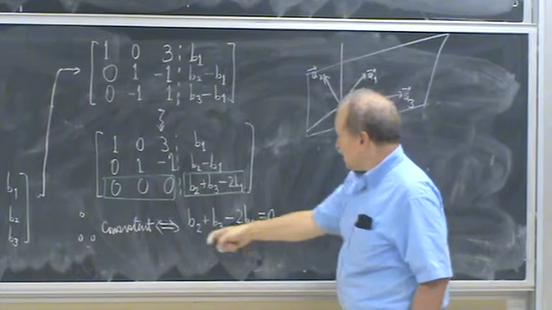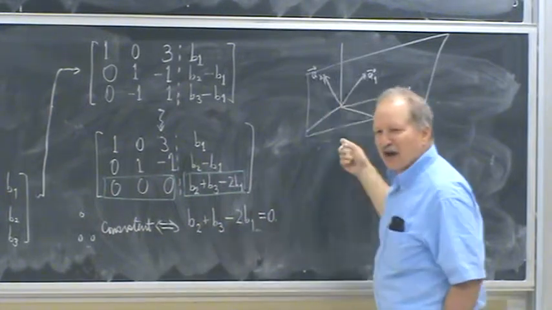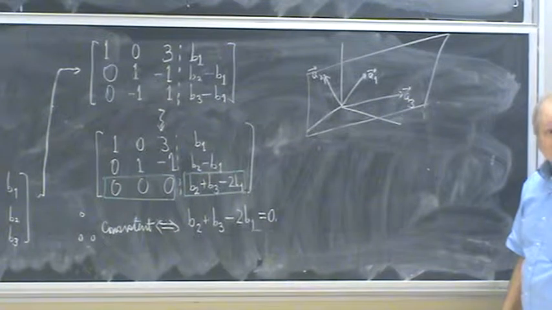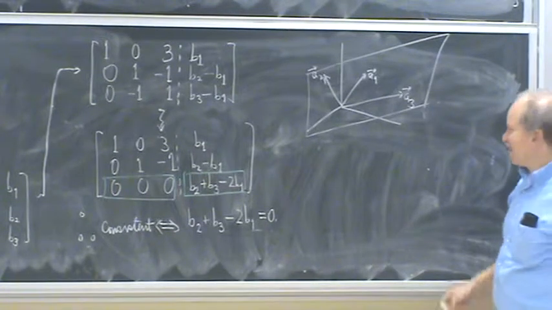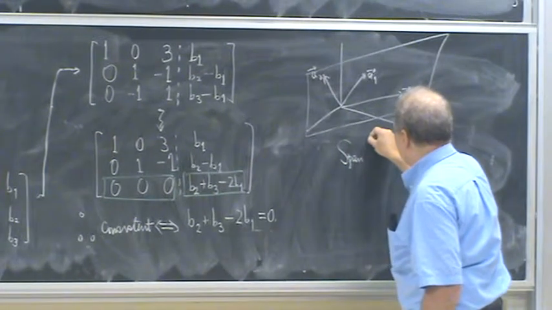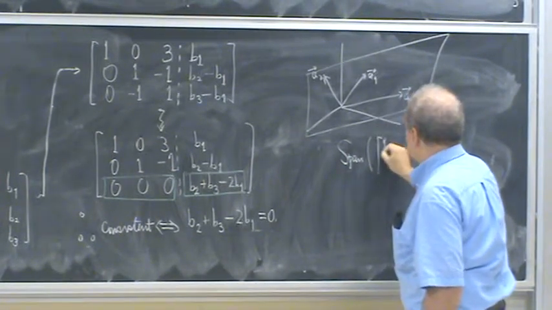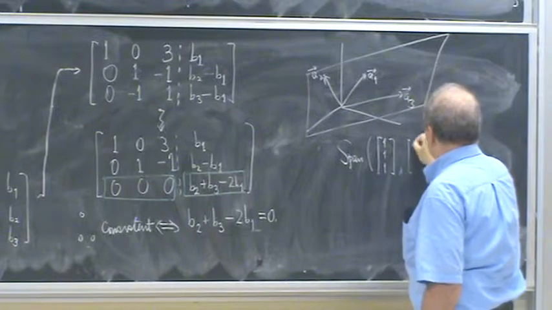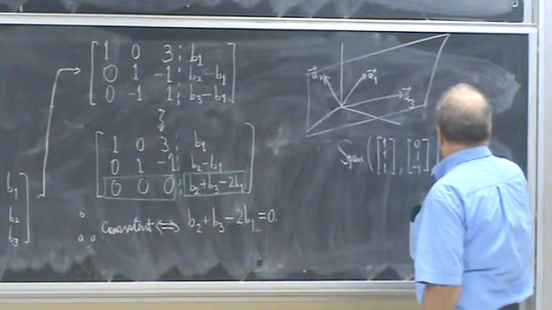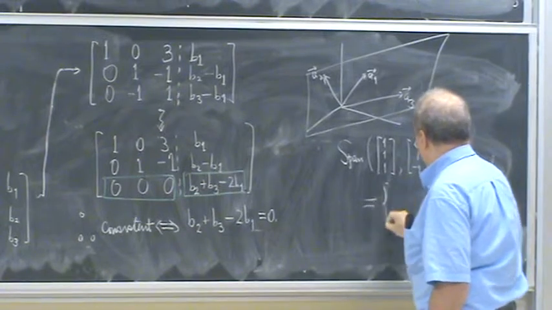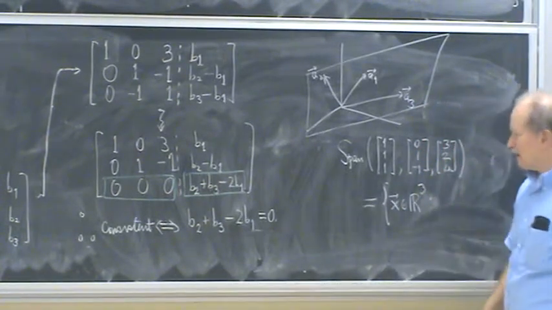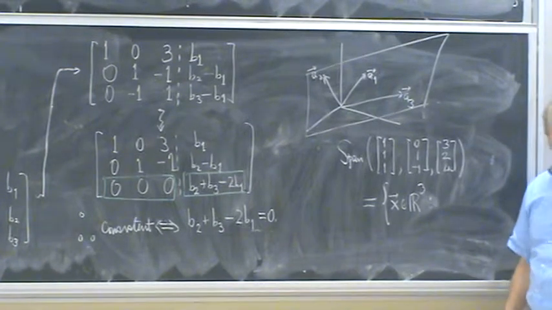And what do you think this equation is telling you about that plane? So it's a vector. That's the equation. Who's orthogonal? Negative 2, 1, 1. So if I take the span of these 3 vectors, what I think you guys are telling me is that it is the plane whose normal vector is negative 2, 1, 1.